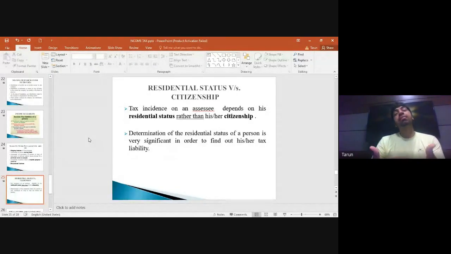And in the next upcoming chapter, we will cover the residential status of a person in India. There are three categories of resident: there is an ordinary resident, there is a non-ordinary resident, and there is a non-resident.